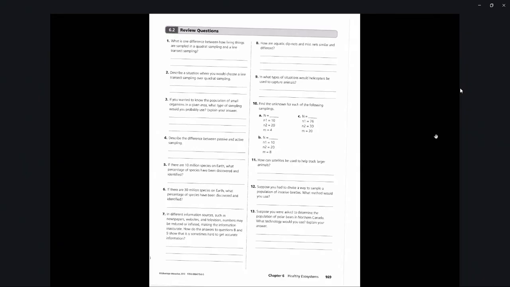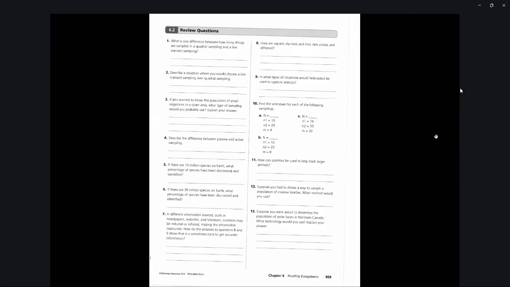You go on into there and have a little read again, each sampling has a different reason why you would use it. When you're looking at a quadrant sampling, you're looking at the whole area, right?